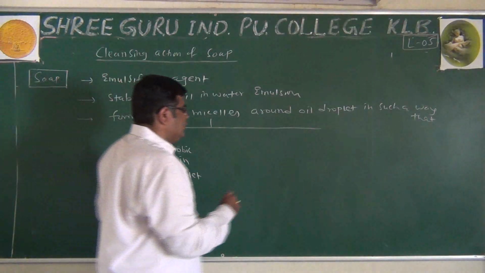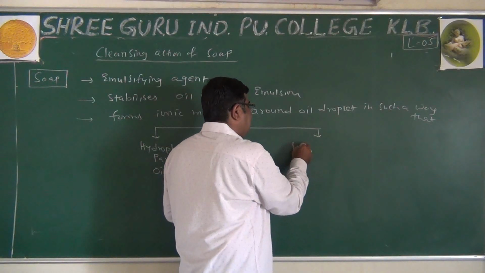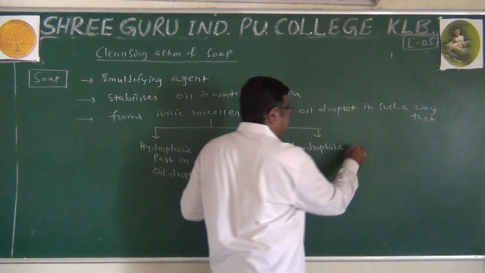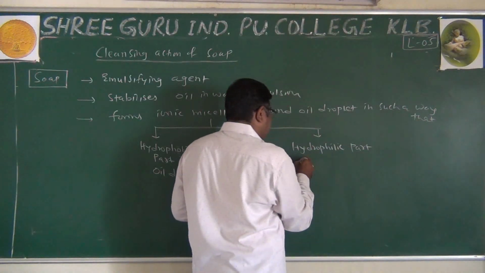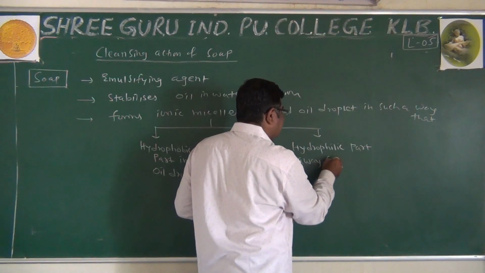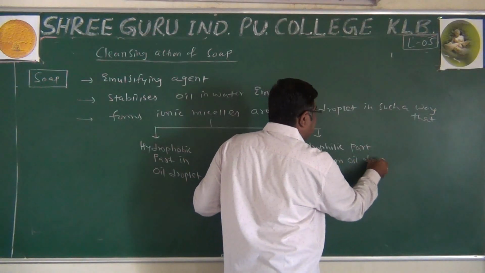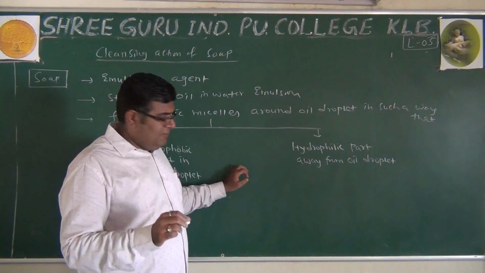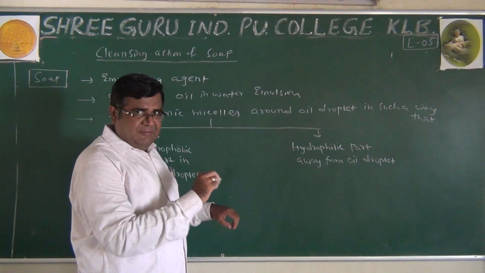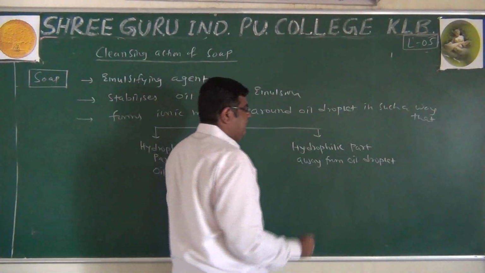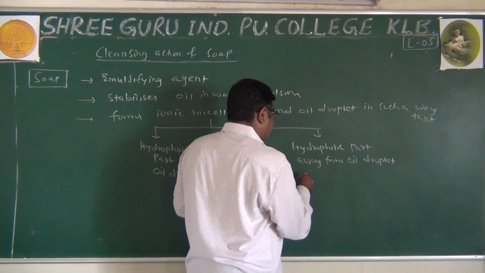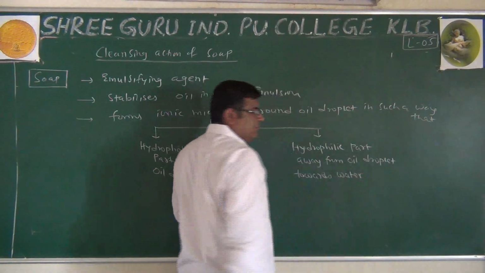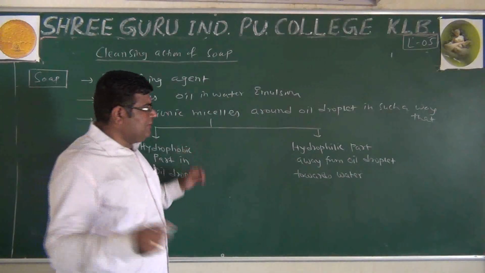We'll draw the diagrams to understand this. And the hydrophilic part is away from the oil droplet, which is the stain on the cloth. Oil means that stain, the dabba, which is on the cloth. The hydrophilic part points towards the water.